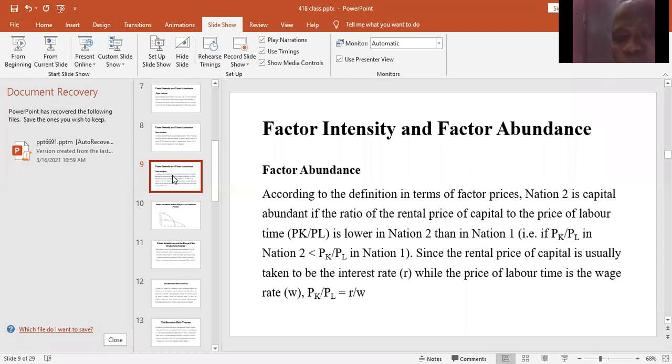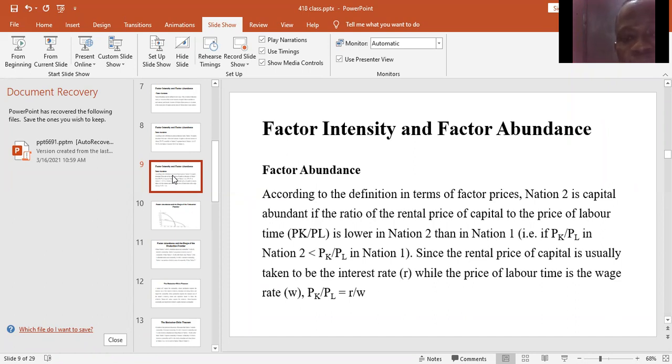But what we see in most cases is that this prediction is not followed through by many countries, and that's what we call the Leontief paradox, which explains why some countries do not follow it. In the course of the discussion, we're going to look at the Leontief paradox as well.